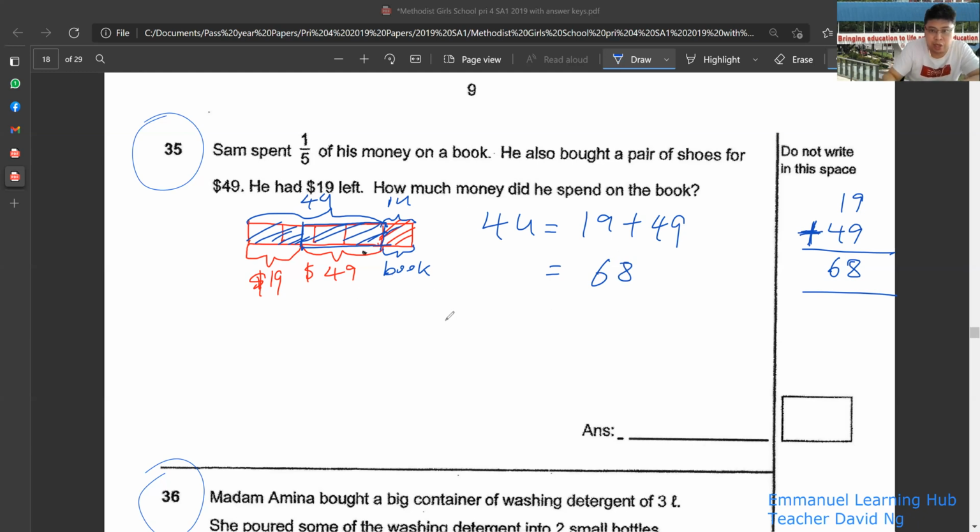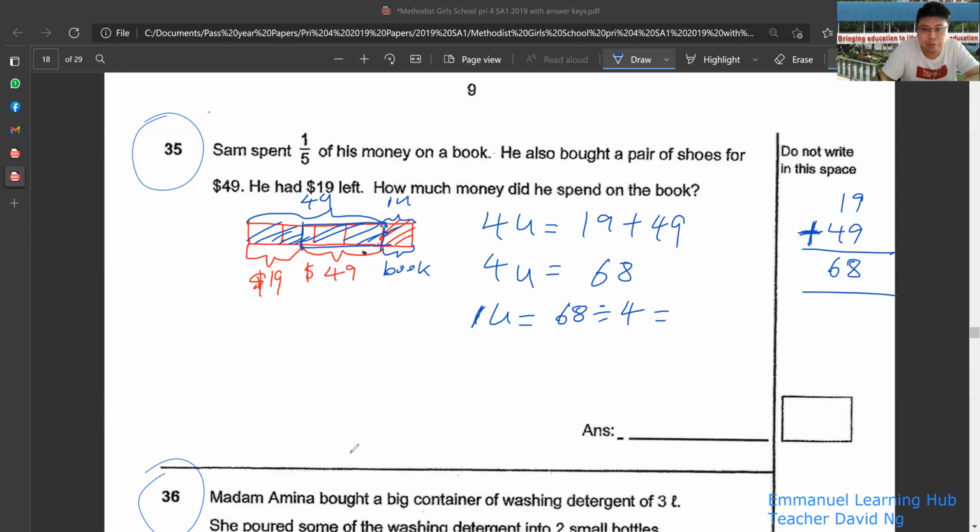So 4 units is 68. 1 unit equals what? How to find 1 unit? 1 unit equals 68 divided by 4.